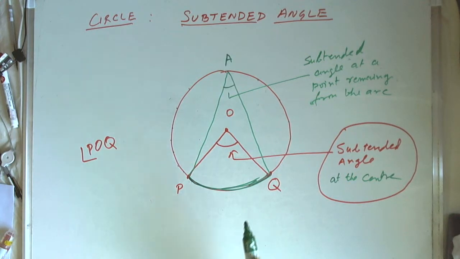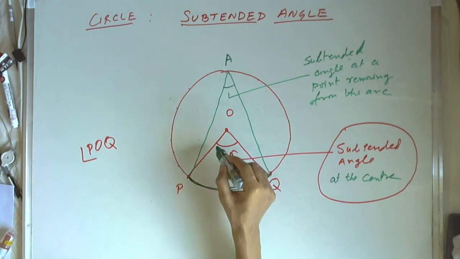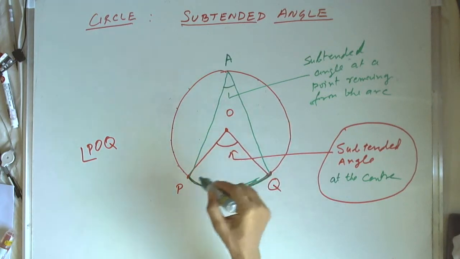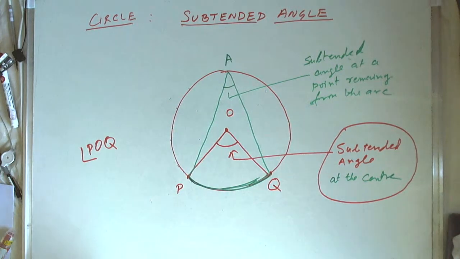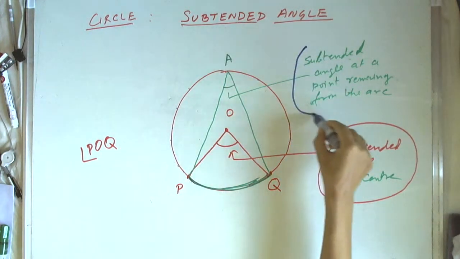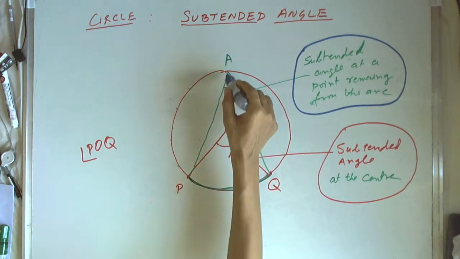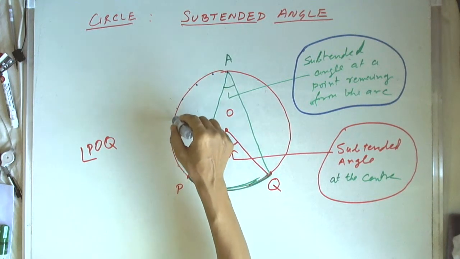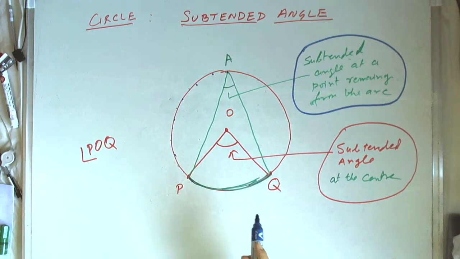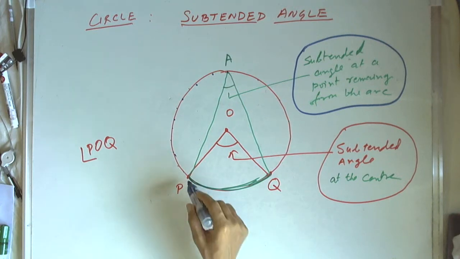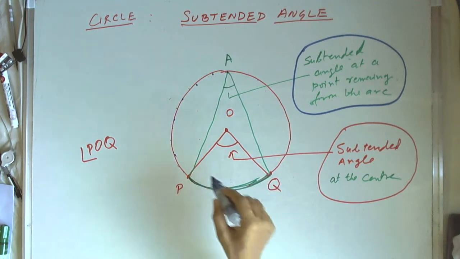So the subtended angle at the center is angle POQ, and the subtended angle at the remaining part of the circle is PAQ. And these angles, the subtended angles at the remaining part, are infinite, because this point could be any of the infinite points on the remaining part of the circle other than arc PQ.